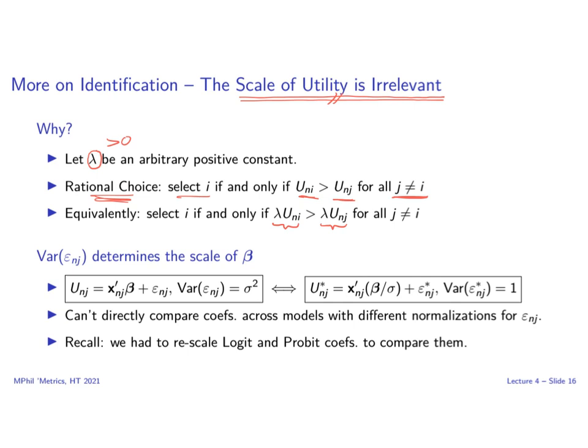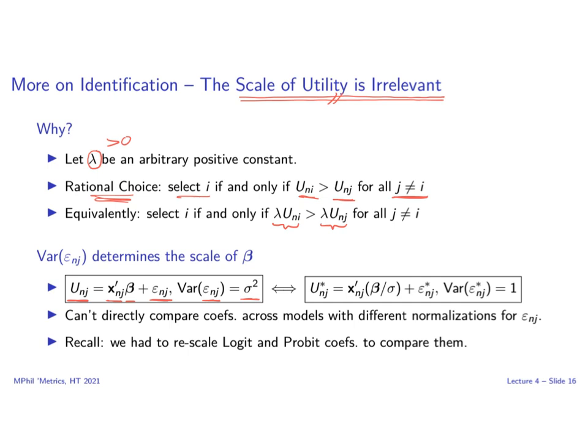Suppose we specify a model of the form U_nj equals x_nj prime multiplied by beta plus epsilon_nj, where the variance of the error term epsilon_nj is sigma squared. Because the scale of utility is irrelevant, we're free to multiply both sides of the model by any strictly positive constant.